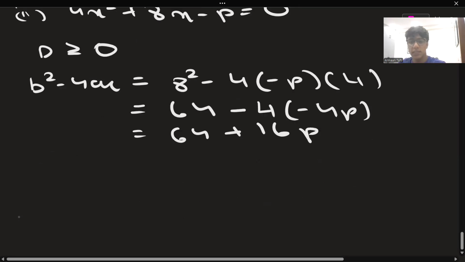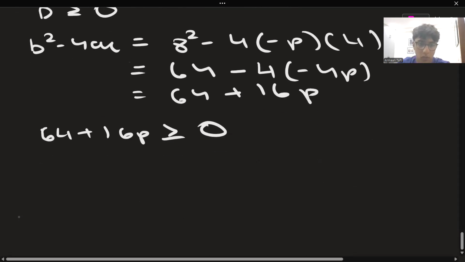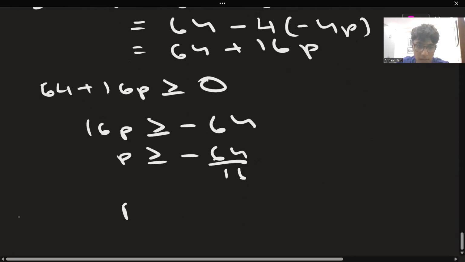So 64 plus 16p has to be greater than or equal to 0. And once we have this, we can isolate p and we can say that 16p is greater than or equal to minus 64 and p is greater than or equal to minus 64 over 16, which you should know, p is greater than or equal to minus 4.